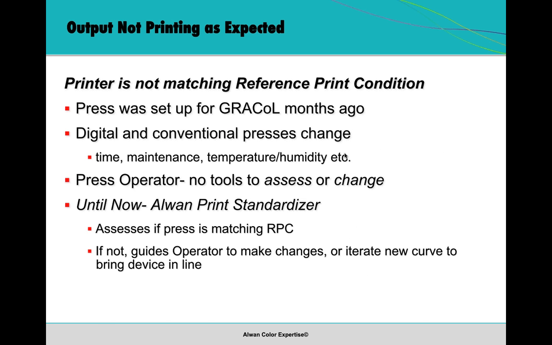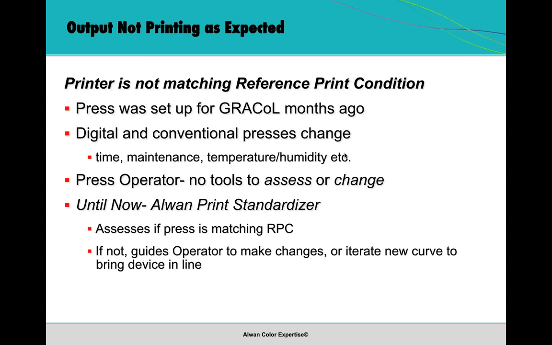I've had multiple situations running on an offset press where the cyan ink density is the right ink density, but it was being cross-contaminated with the magenta unit because one person wasn't cleaning it up right, so it was intermittent. They really didn't notice it until they got Print Standardizer, and Print Standardizer alerted the operator that it's the right density, but it's the wrong color.